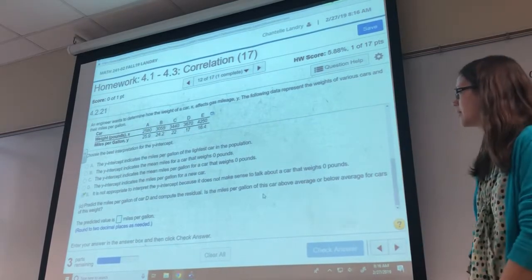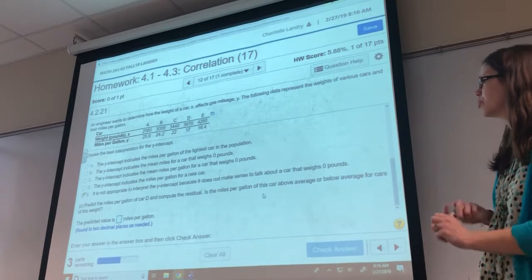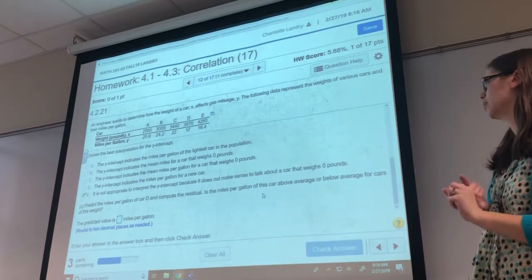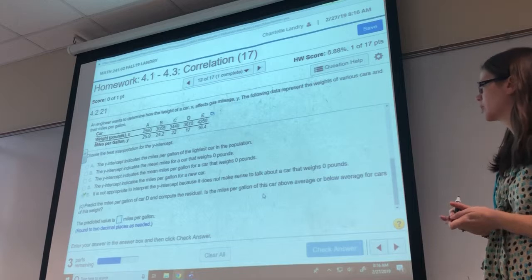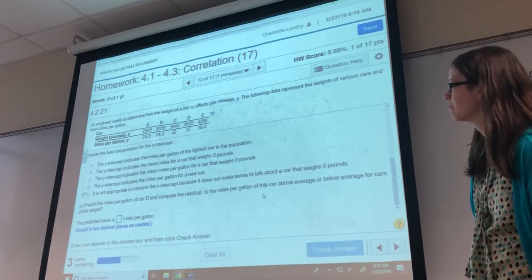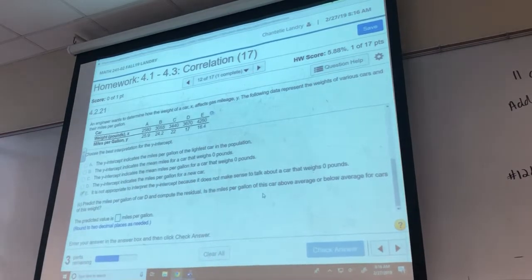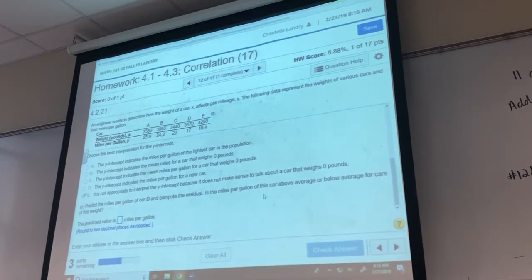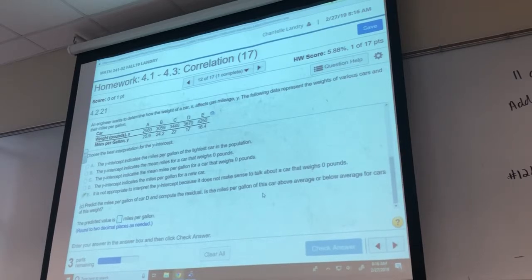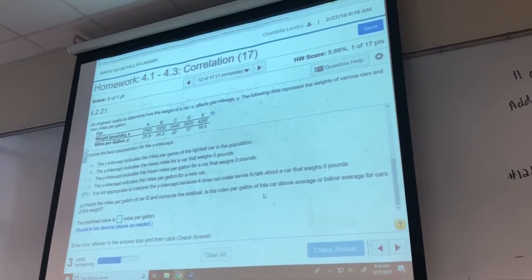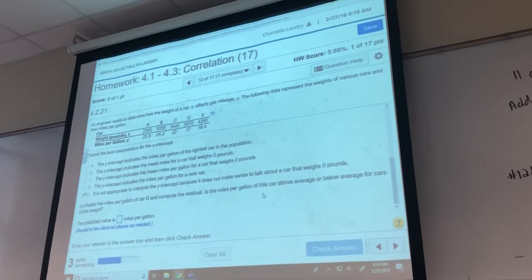All right, so for part C, we're going to predict. So whenever we predict, that's using our least squares regression line. And then they tell us that we're doing car D. So for part C, whenever they say predict, we're going to use the least squares regression line, which is y hat equals negative 0.00634 x plus 42.7.